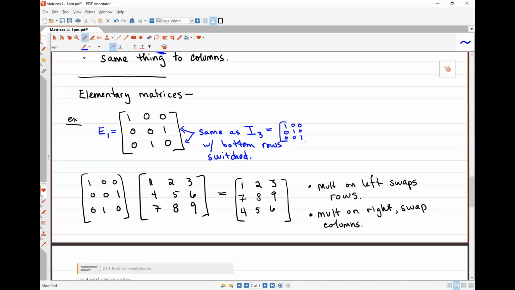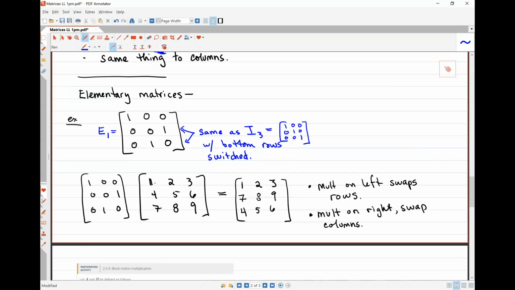So that's always square. And these elementary matrices are generally square. But of course you can multiply matrices with more columns, for example, in a situation like this, and they'll still do the same thing, right?